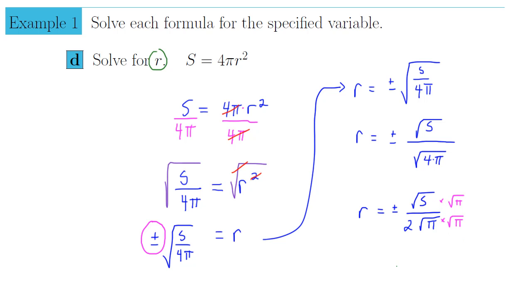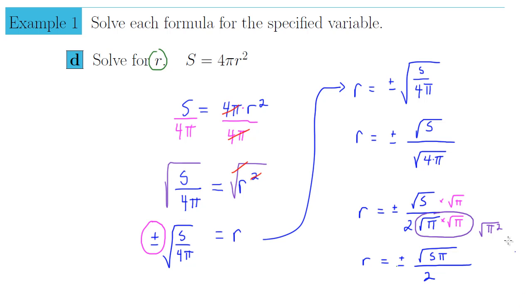So what happens, on the top, you end up with root s times root pi, which is root s pi. So plus or minus root s pi. And then on the bottom, the 2 stays, and root pi times root pi is root pi squared.